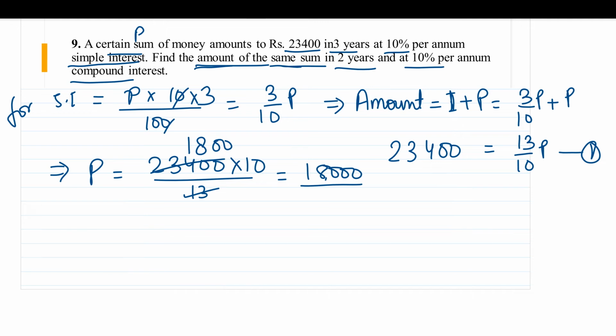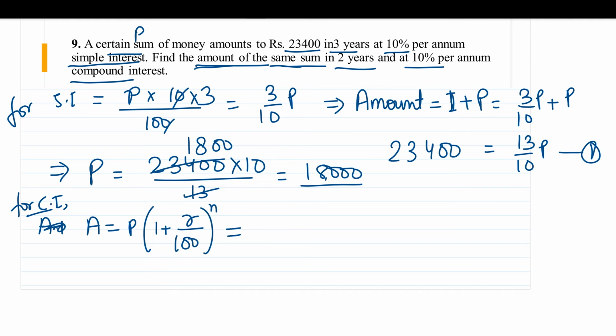So let's calculate the amount for compound interest. So we can write for CI, amount is equal to P times (1 plus R over 100) to the power n, and P is 18,000, R is 10%, again for 2 years.